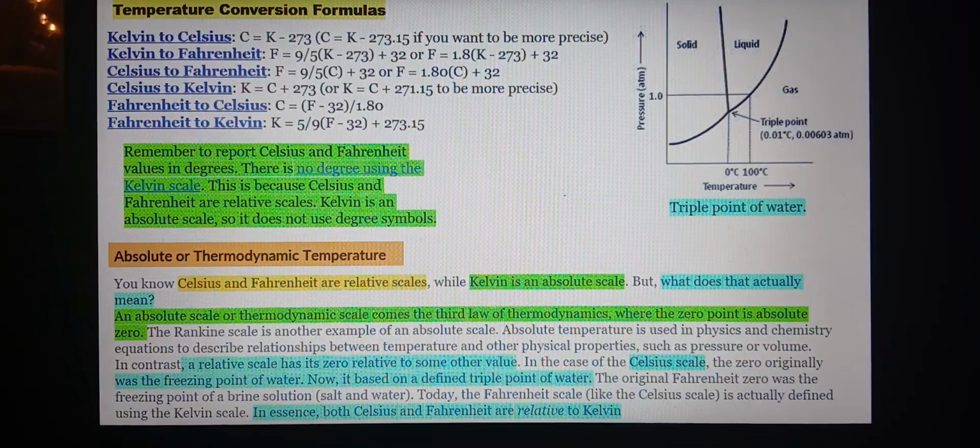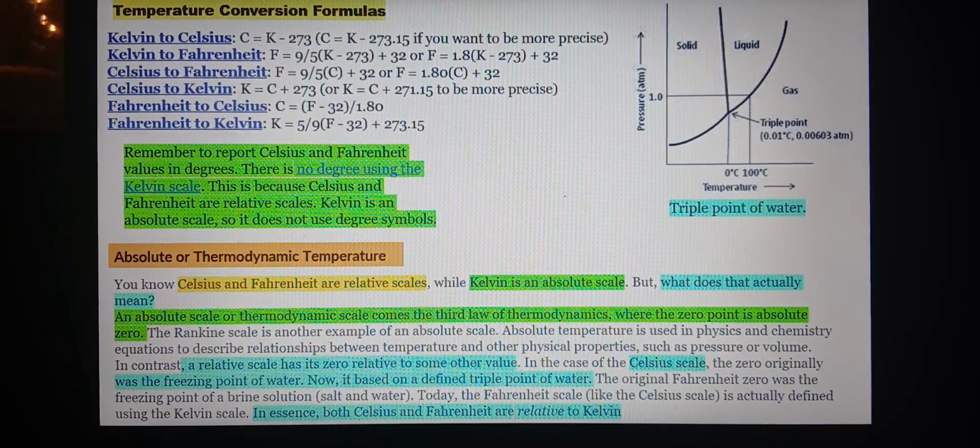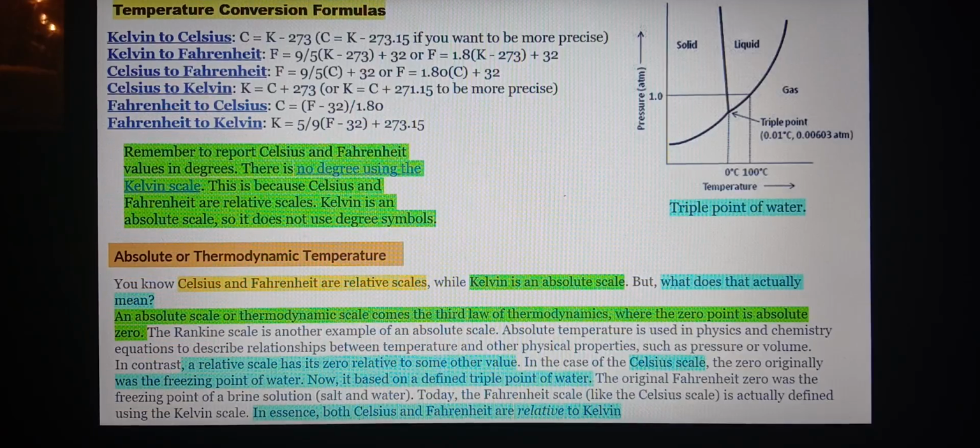Remember to report Celsius and Fahrenheit values in degrees. There is no degree symbol used on the Kelvin scale. This is because Celsius and Fahrenheit are relative scales, and Kelvin is an absolute scale, so it does not use degree symbols.